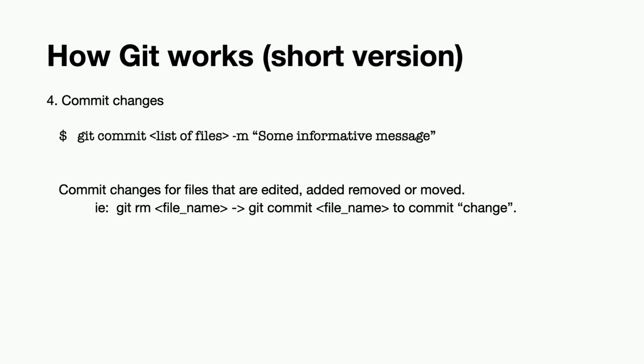The fourth step is to commit the changes. So let's say you are happy with your source codes and your files, and then you commit. Usually these commits follow some sort of logical order, meaning that let's say you want to add some functionality to your code or add new files.